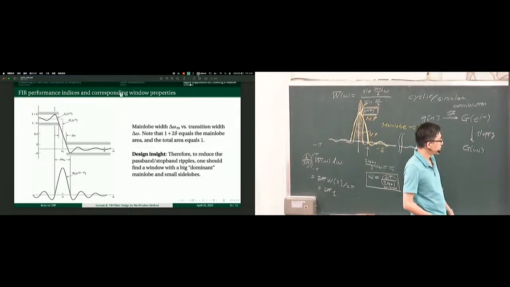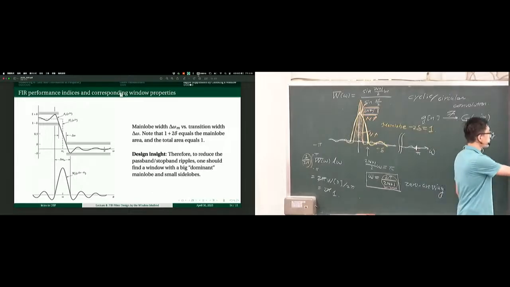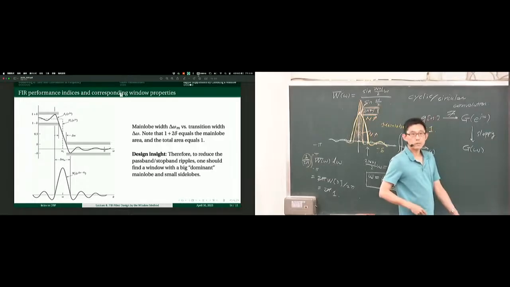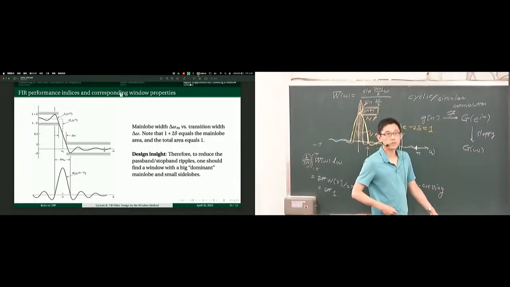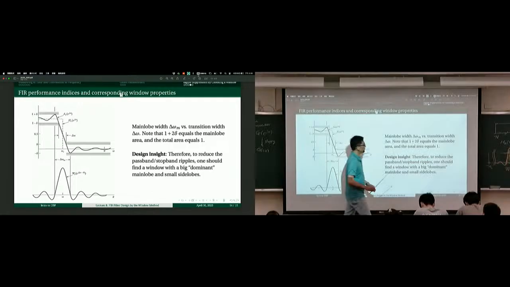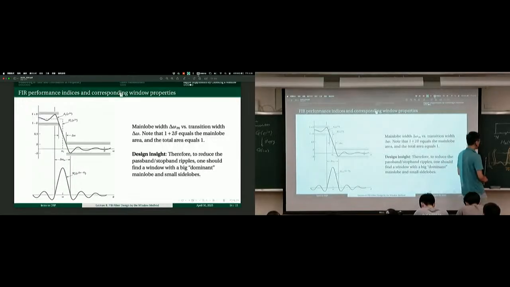First of all, about this point passing 1/2. I may need to be more careful. This might be just an approximation. When I say the half of the area, if the entire area is 1, which you can show by basic Fourier transform property.